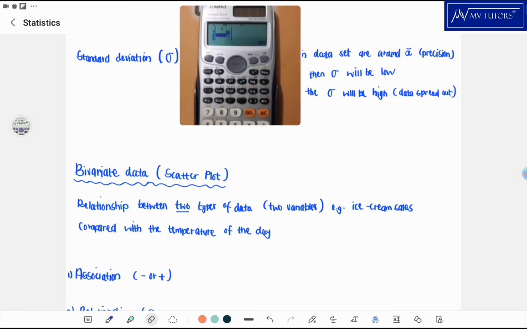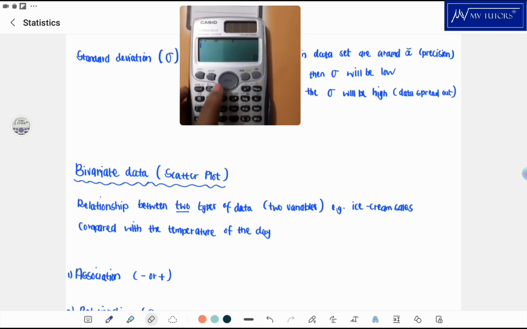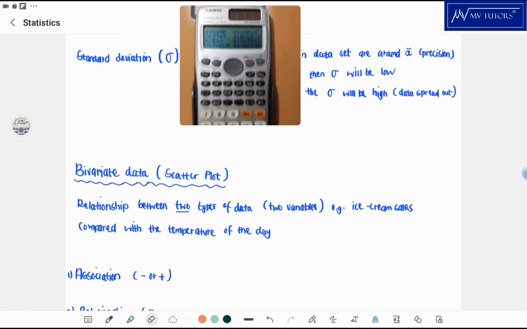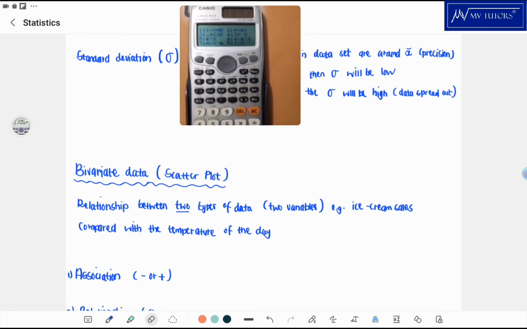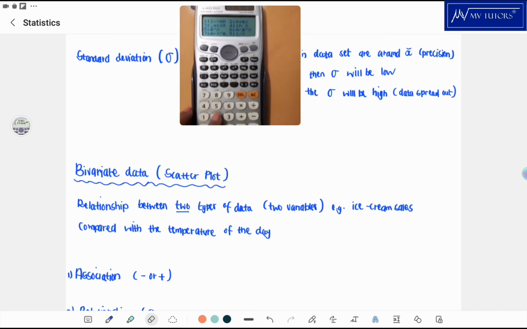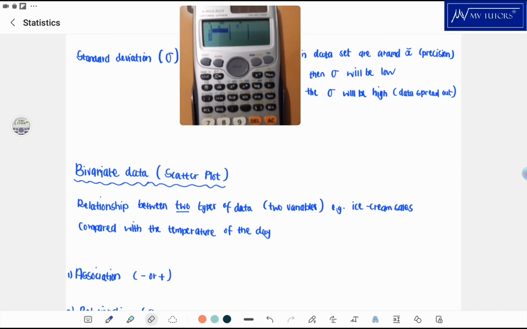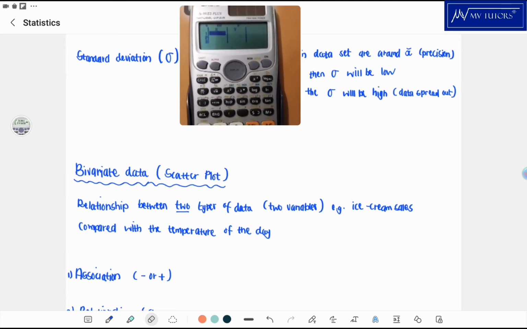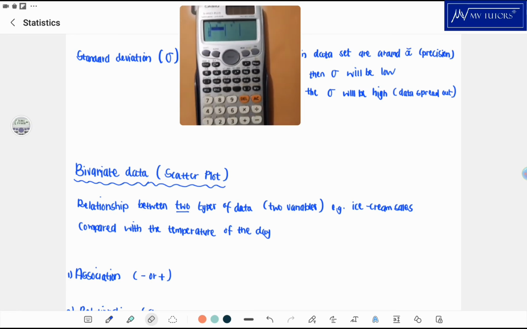When you want to enter data that has 2 sets, again you don't go to shift, you go to mode and click on 3 for stat. Then you go to number 2, where you see A plus Bx. Once you know the values on the x-axis, which is the independent variable, and y, which is the dependent variable, you're going to enter your data set.